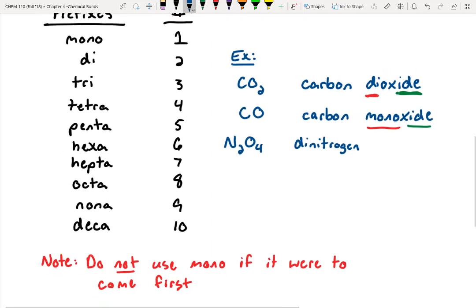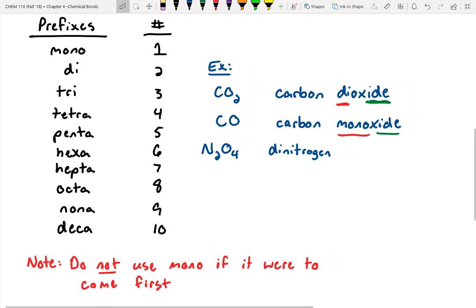And then we need to include the last part of the name. So what would the last part be? Tetraoxide, exactly. So just like before, we've got tetra first. Then we've got the IDE suffix, and then the ox in there implies that it's oxygen.